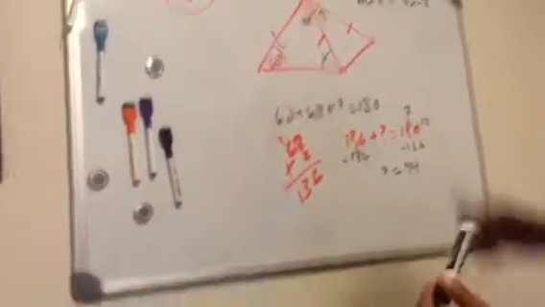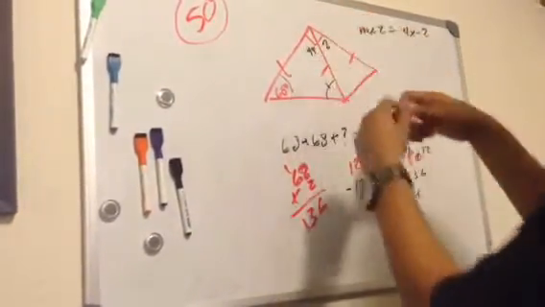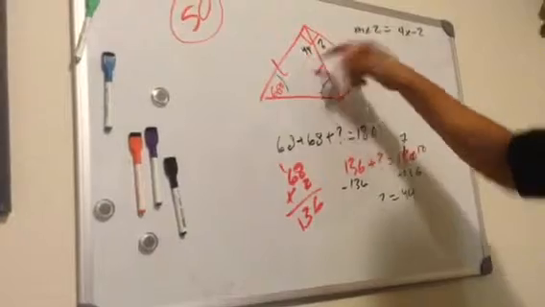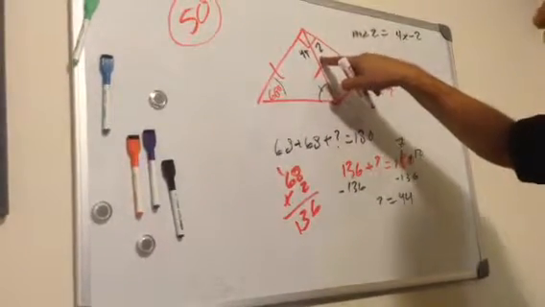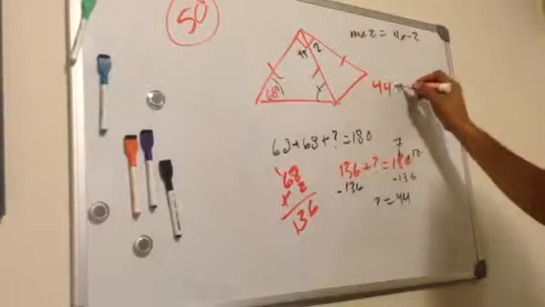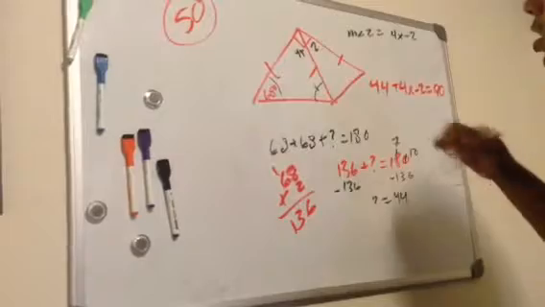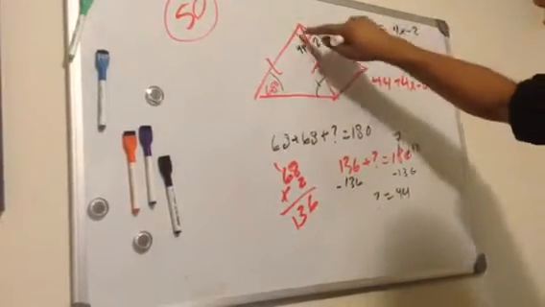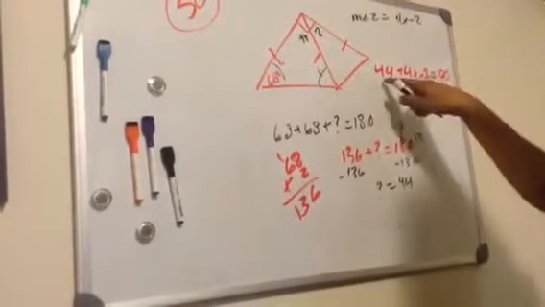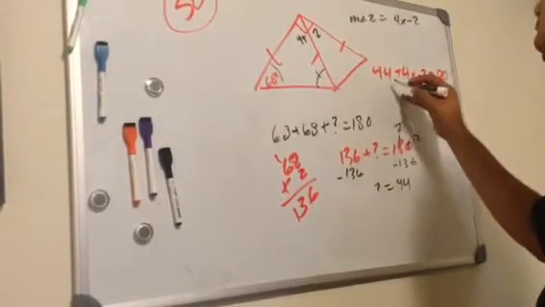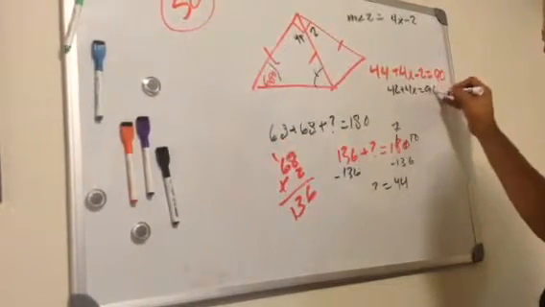Alright, awesome. So now if you see clearly over here, we also have a right angle. So what that means is that 44 plus the measurement of angle 2, which we have in the equation as 4x minus 2, is equal to 90 degrees. And the reason why it's equal to 90 degrees is because over here we have a right angle. So with that said, 44 minus 2 is 42, plus 4x equals 90.